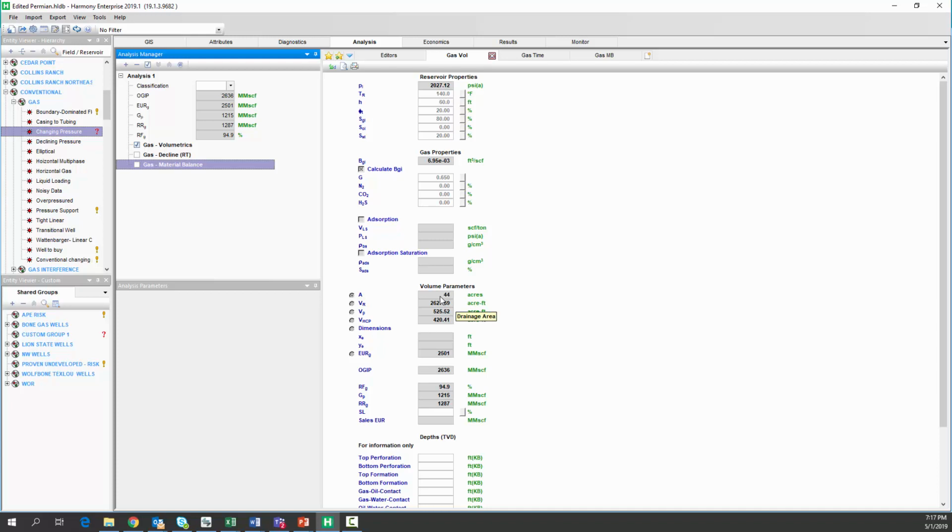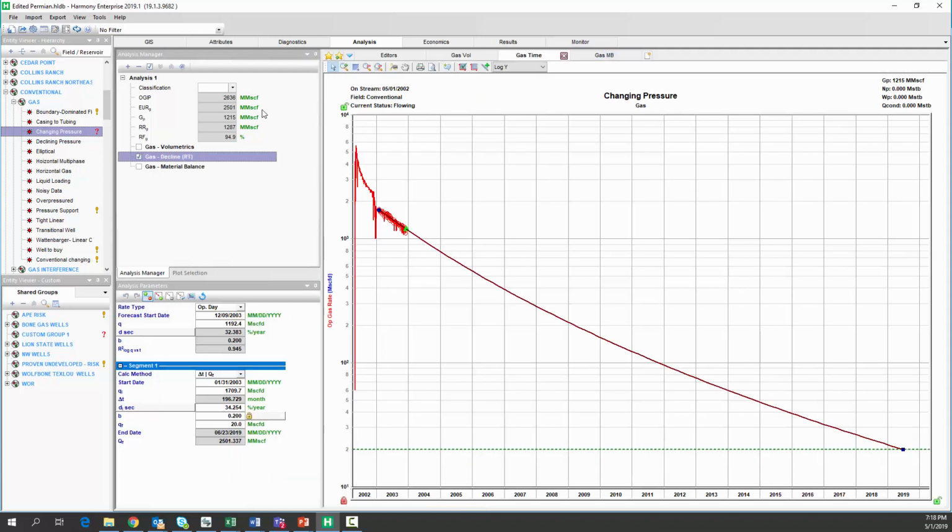Okay, so now we have a single original gas in place estimate, a single drainage area. And what we're also seeing is that taking the EUR from our decline analysis, comparing it against our more reliable original gas in place, we're now getting a recovery factor of 95%, which is what we're going to expect for this conventional gas well.